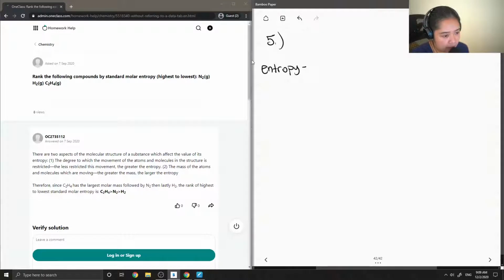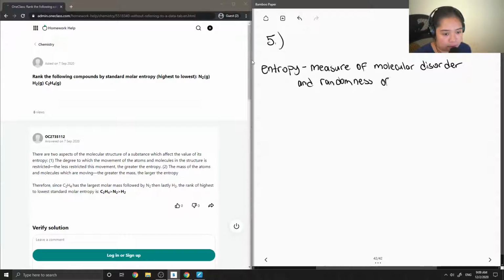So entropy is a measure of molecular disorder and basically just the randomness of a system.